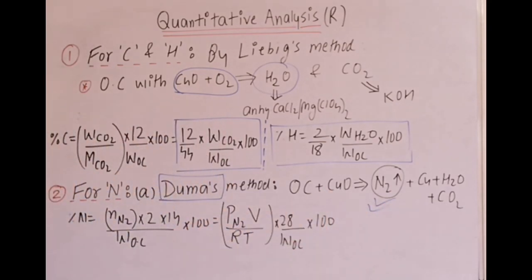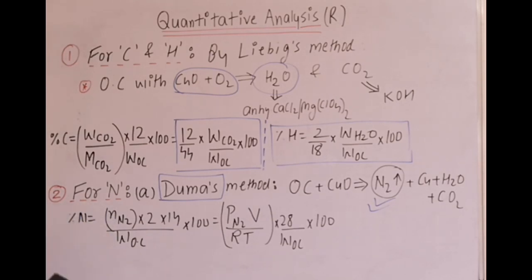Now a simple formula we can find out. We have nitrogen moles in the question. Nitrogen moles we can find out, or we can use this percentage of nitrogen. We can use the formula that the number of moles of N2, multiplied by 2, will be the moles of nitrogen, single N. I am not talking about N2, I am saying single N moles will be obtained from moles of N2.